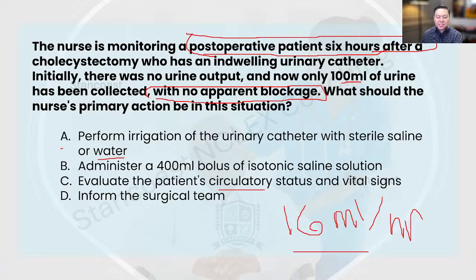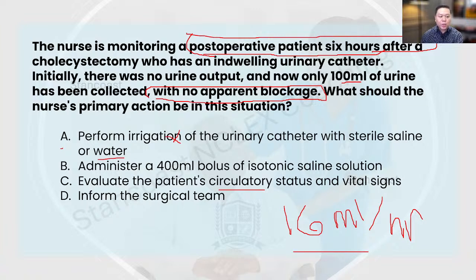But in some instances, where there is probably a blockage, you would really need to get an order to flush the urinary catheter. But this is not a routine practice. This is something that should not be done. Okay? I would eliminate that one right away. And in current practice, we don't normally use sterile water.